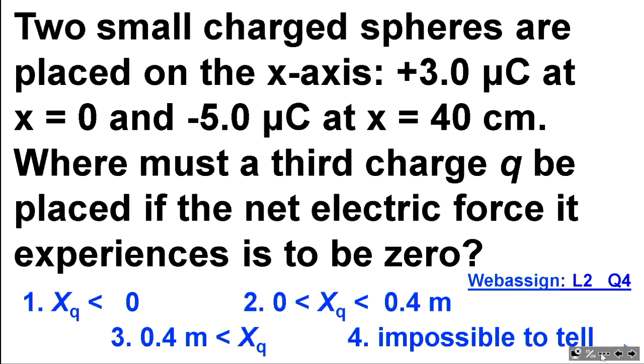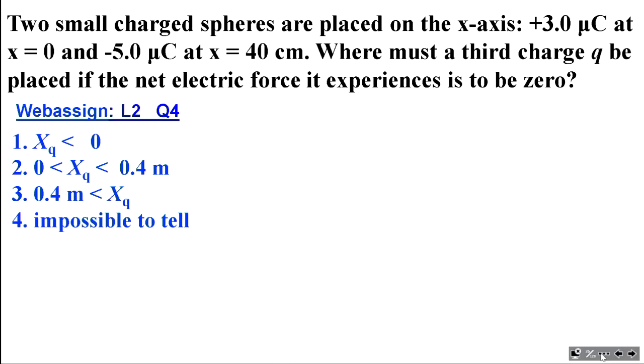So how do you approach the situation? You have to draw a picture. The picture looks exactly like the picture which was used with only one change. That's the x-axis. 0, 40 centimeters. So we still have a positive charge located at the origin.